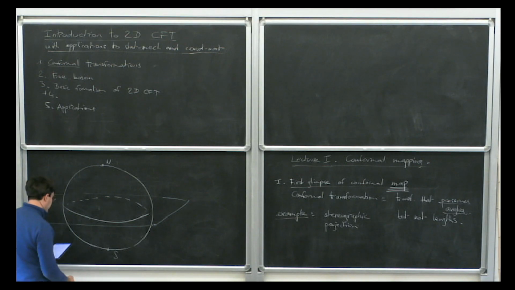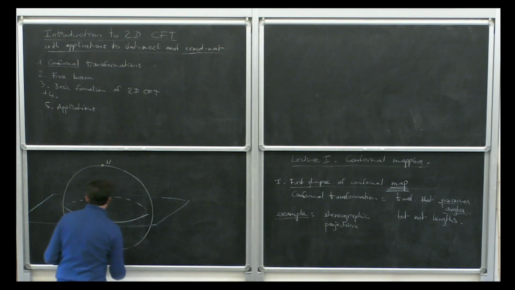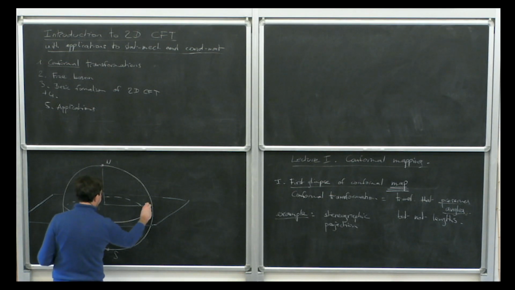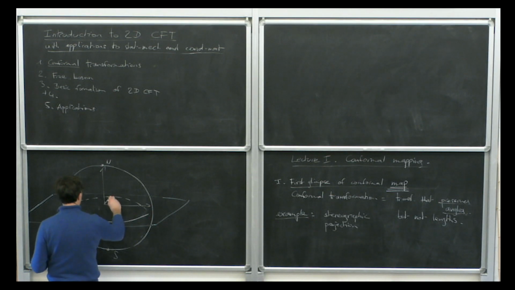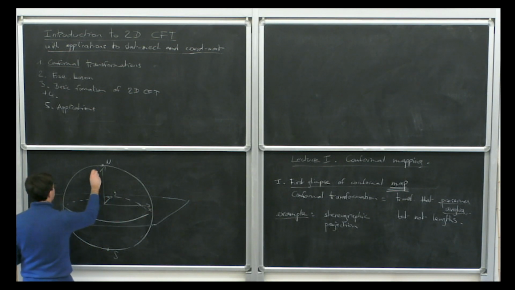Okay, and let's put a frame. Here's an orthogonal frame. This is the unit sphere. This is an orthogonal frame: X, Y, Z.